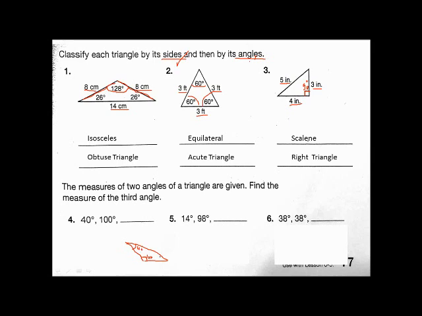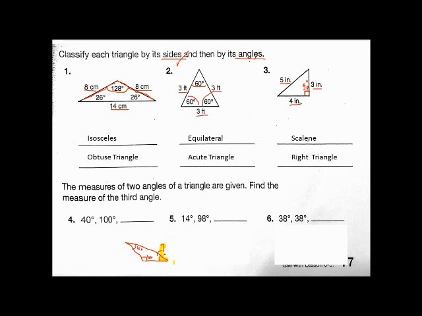So it asks you to get the third. This is unknown, we don't know it. To get the third angle measurement, how much is it? What is the number for this angle?